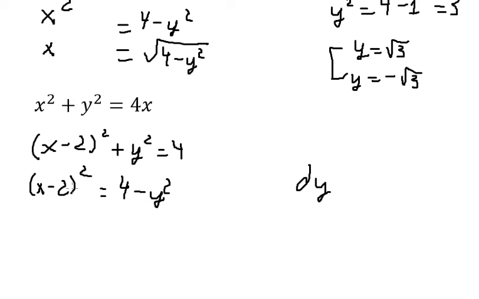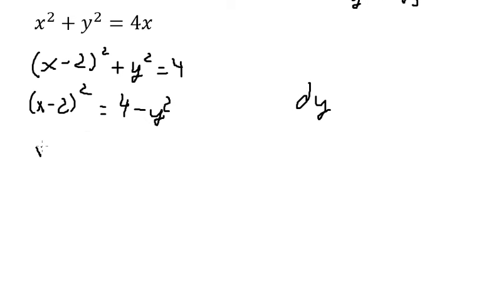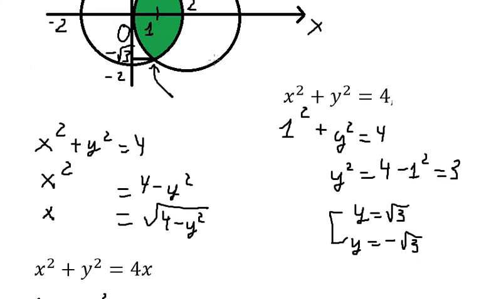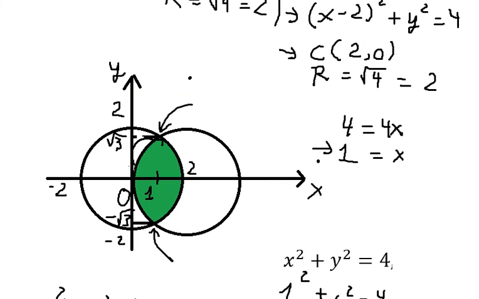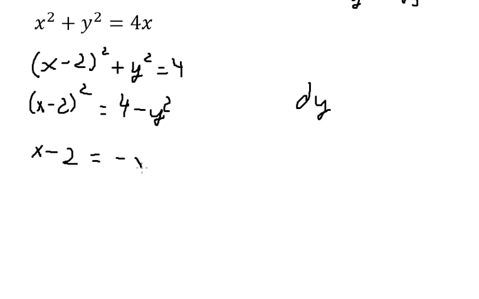Then we take the square root of both sides. This curve here is the negative, so we have negative the square root of 4 minus y squared. And I will move negative 2 to the right.